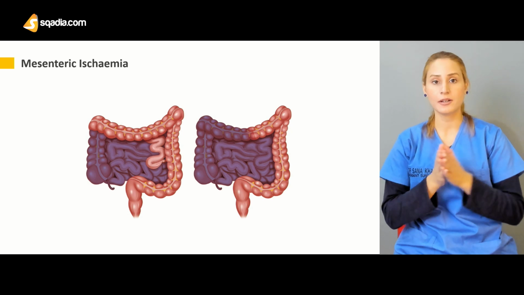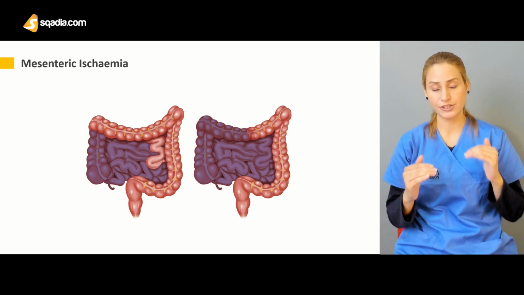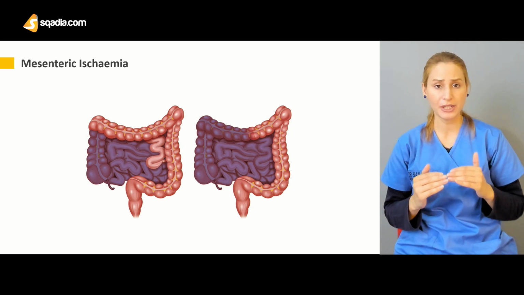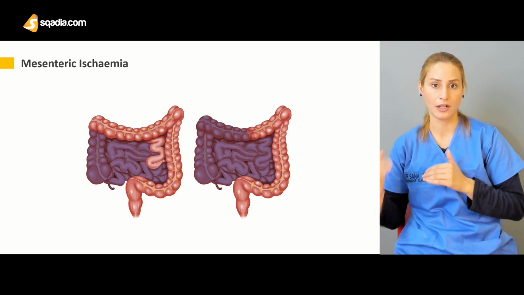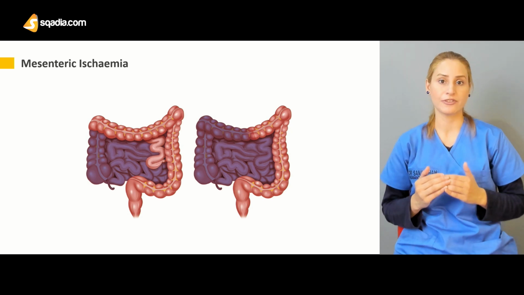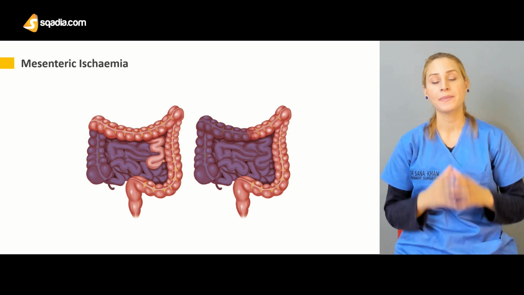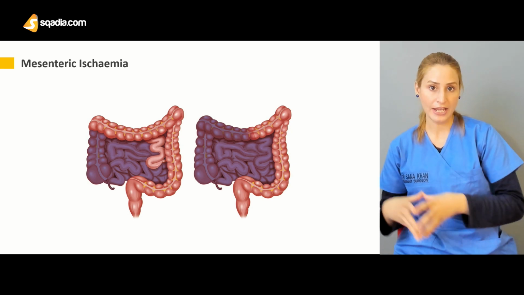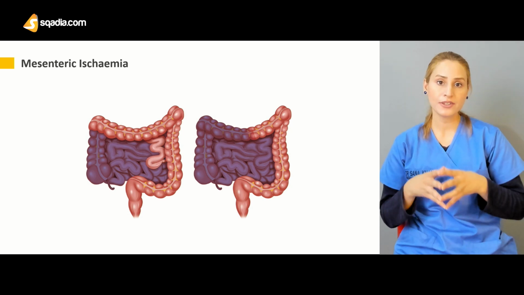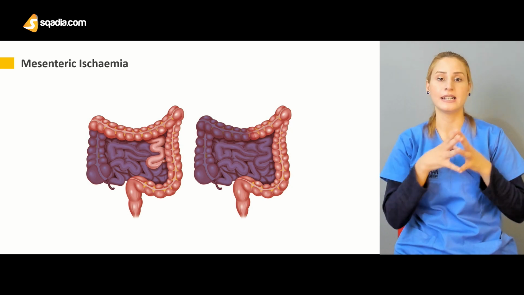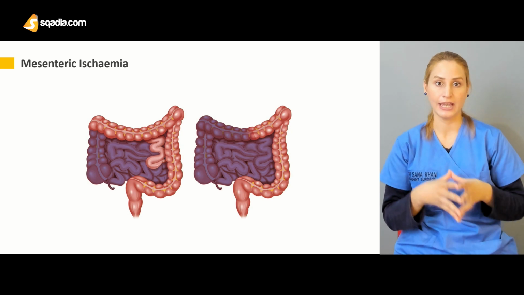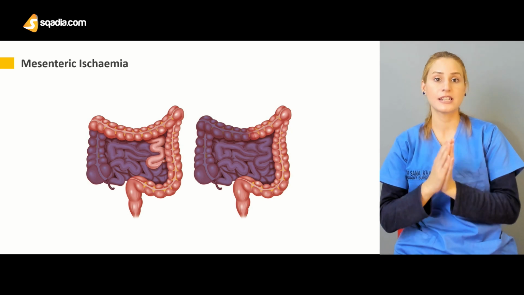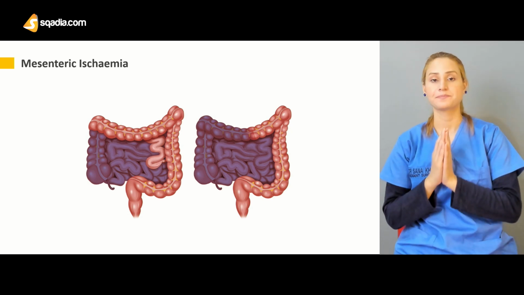The celiac trunk originates from the abdominal aorta at the level of T12. The superior mesenteric artery arises at the level of L1, and the inferior mesenteric artery arises at the level of L2. There are various branches of the celiac trunk, which supply the stomach, pancreas, liver, and the foregut till the proximal duodenum.